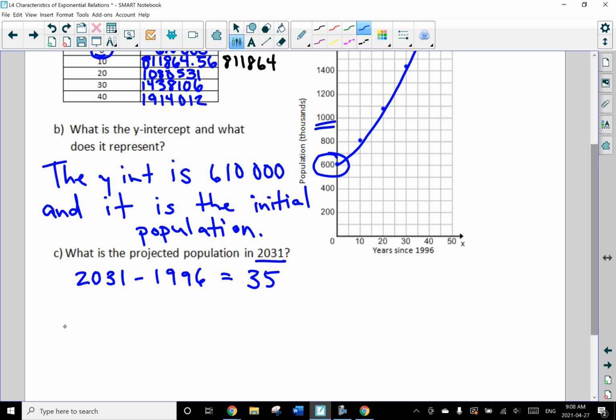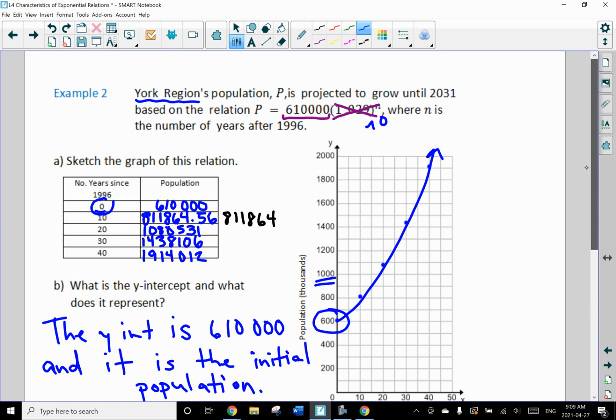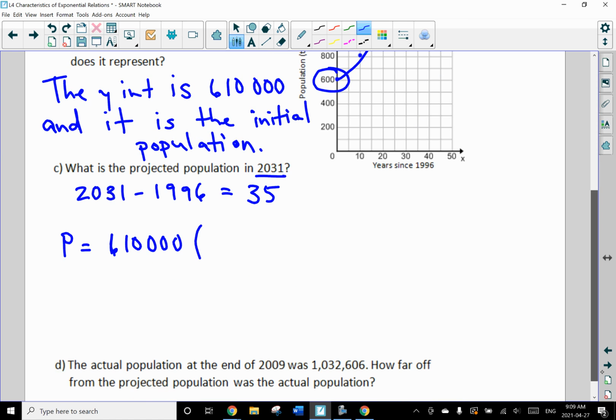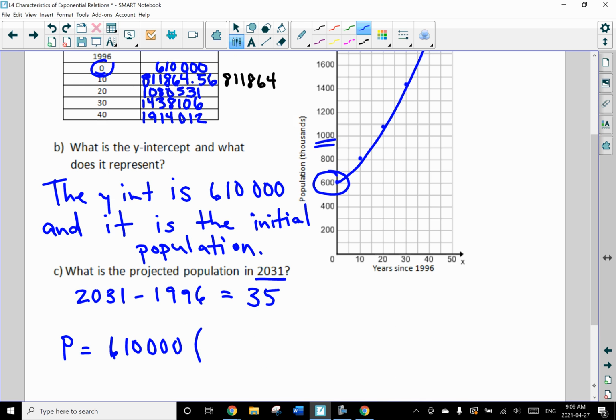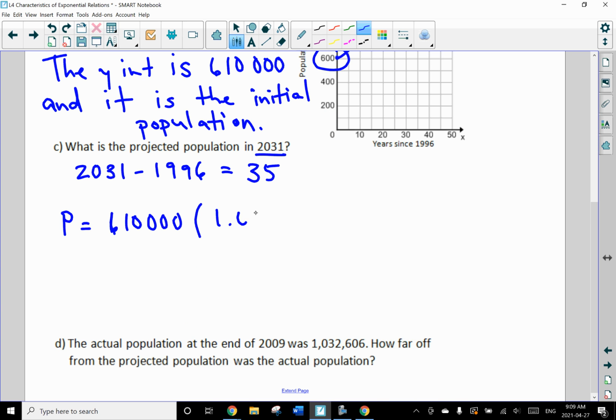So we are going to find out what the population is when we've got 610,000 multiplied, what is our base? 1.029 raised to the 35. Okay. So calculator, you could put this all in as long as you remember to use that button.